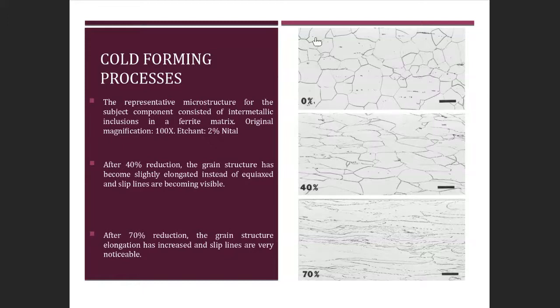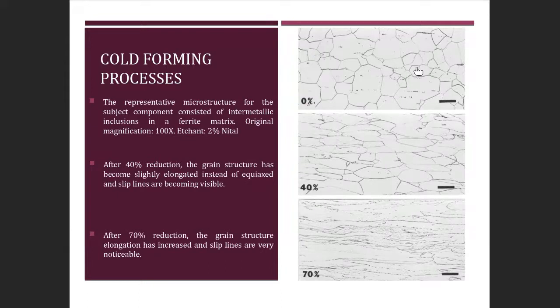Our ferrite grain structure in this top right image, these are all at 100x magnification, would be equiaxed. These dark features that tend to be running in the left and right orientation would be your intermetallic inclusions. Your intermetallic inclusions, as I had mentioned before, would be like manganese sulfide. You could have oxides.